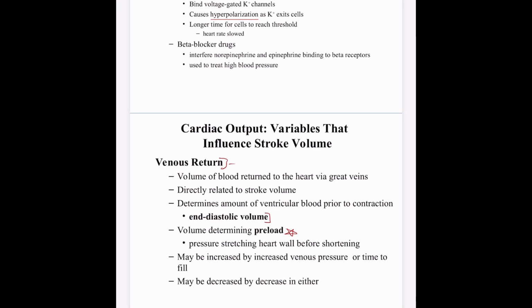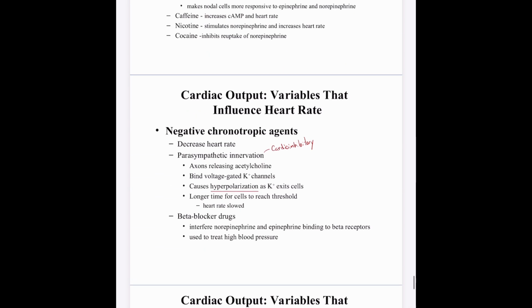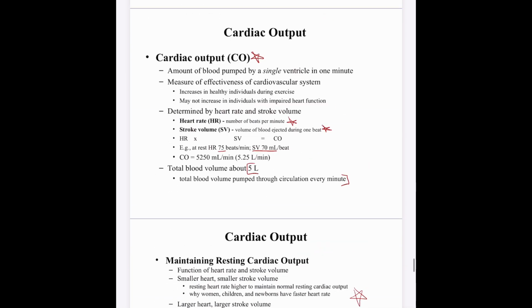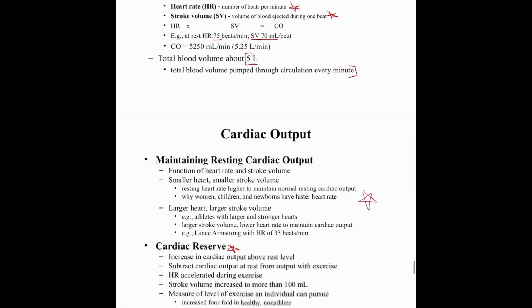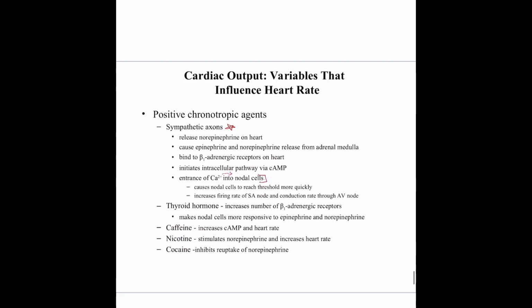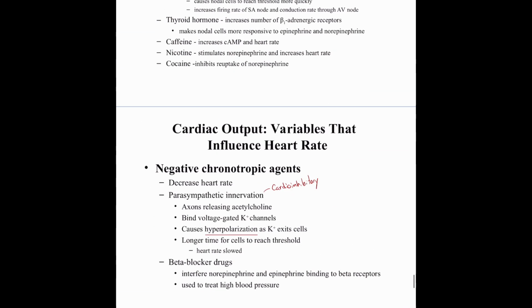End diastolic volume. So there will be a certain amount of blood in the heart at these times, depending on the contractility of our ventricles. So know what that means, know what each one means. And diastolic is after the ventricles have relaxed.